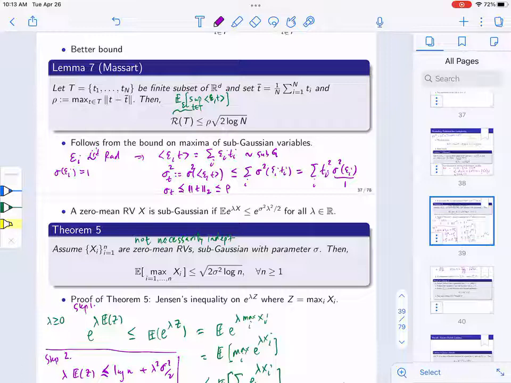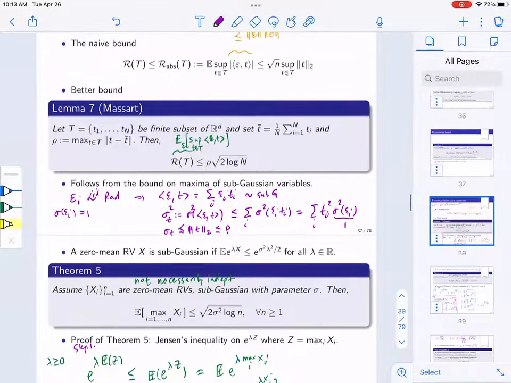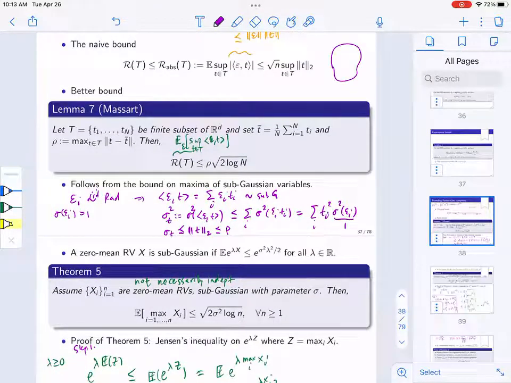So this rho is sort of like a radius or diameter, and that's reasonable. If you have a set like that, then you can see from the argument that we did that we can put any t naught here. So you can center it around any point. But it's actually not clear that this minimizes it. If you look at the book by Ben-David, you can define rho to be the min over t naught of the max over t of the norm of t minus t naught.